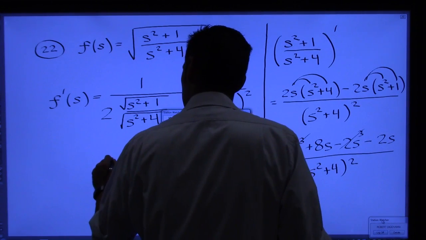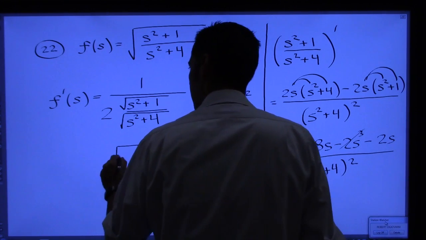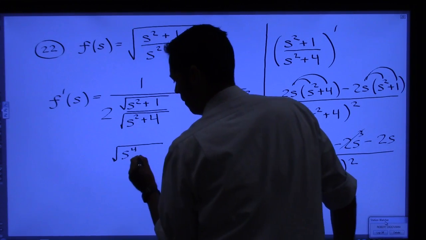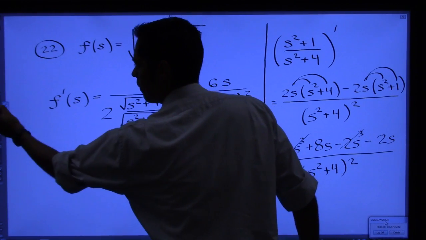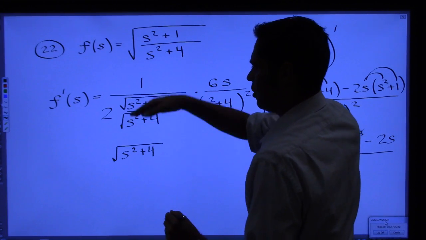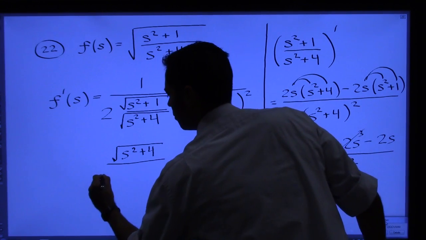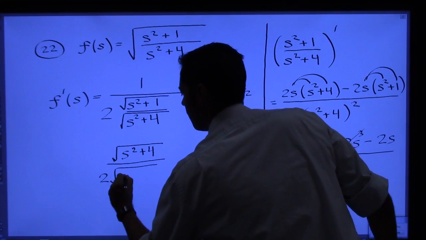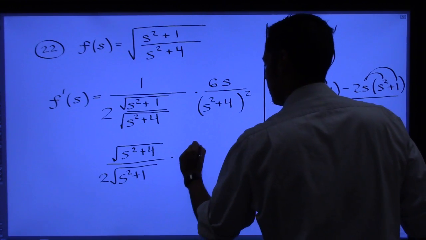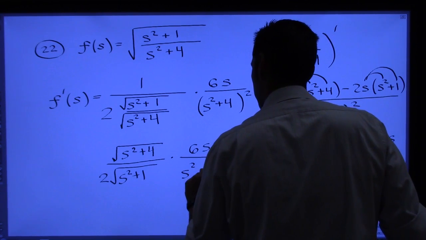So I should get the square root of s squared plus 4 on top. So this fraction came up top. On the bottom, I still have this and the 2. So 2 square root of s squared plus 1, then times this over here, 6s over (s squared plus 4) squared.